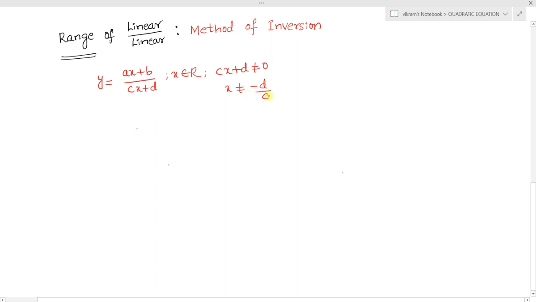If x equals minus d by c, we obtain infinity, which is not defined.